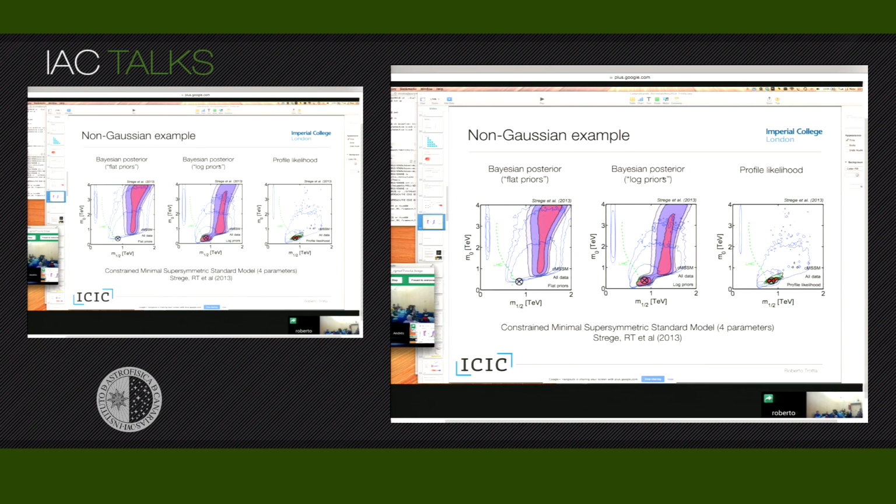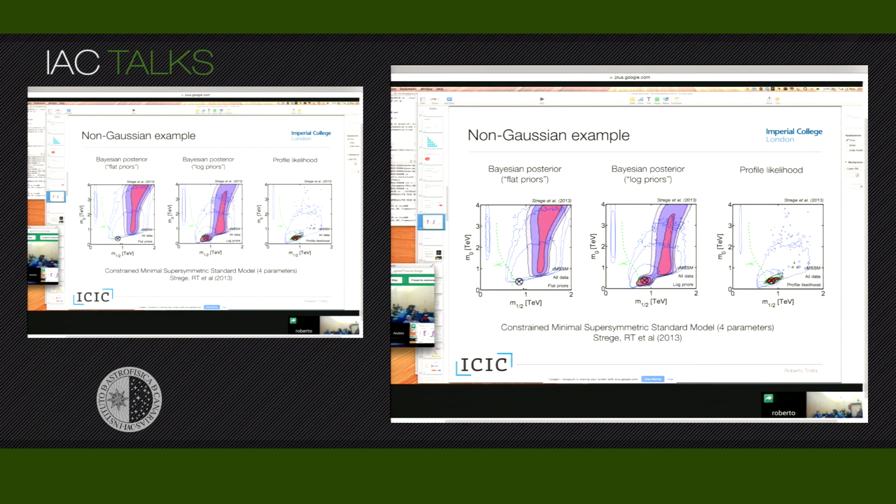Here is a posterior distribution for log priors in the parameters, and you will see that these 2 regions look approximately the same, but the log priors, say priors that are uniform in the log of the parameters, find another high posterior density region down here, which is completely missed in this flat prior case.